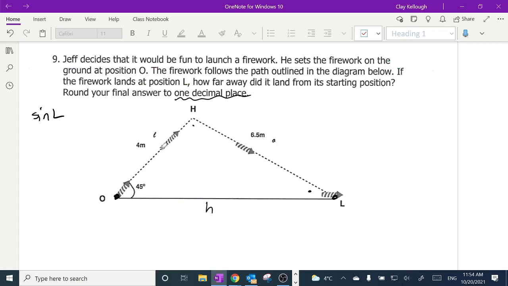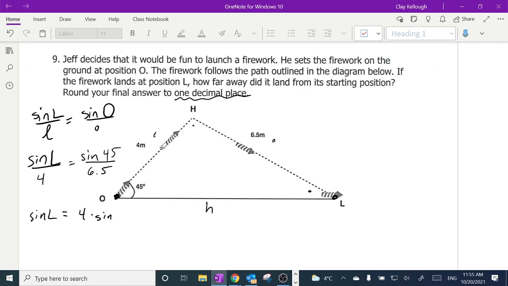Sine of L over L, and I know O over O. So the sine of angle L over little l, which is 4, is equal to the sine of angle O, which is 45, over side O, which they tell me is 6.5. So the sine of angle L is 4 times the sine of 45 over 6.5.